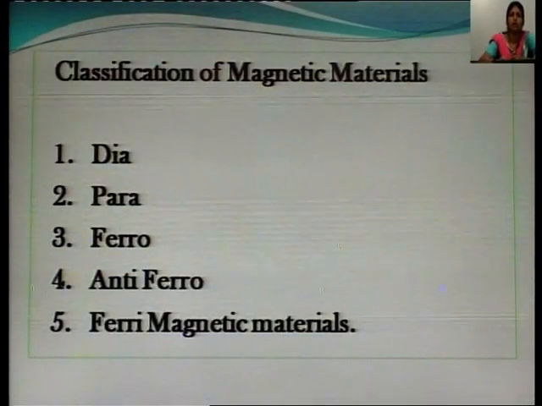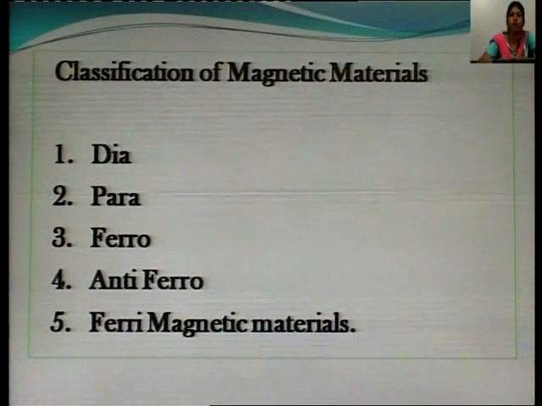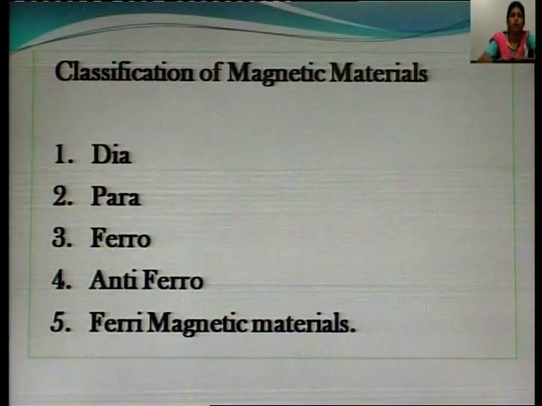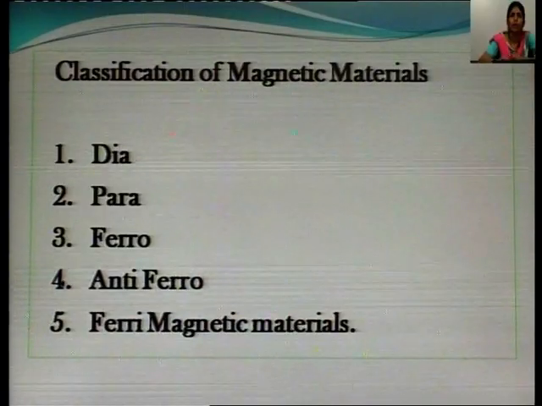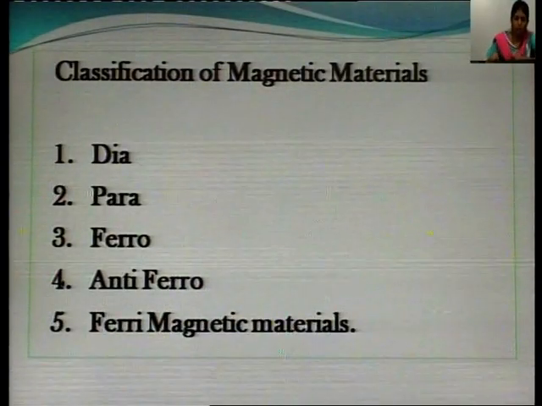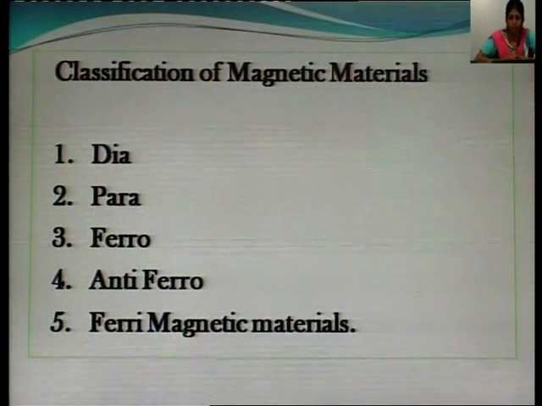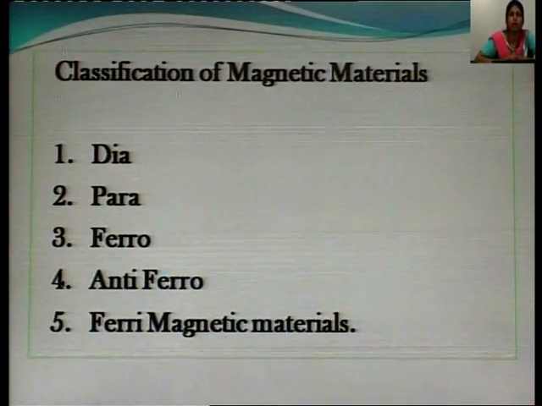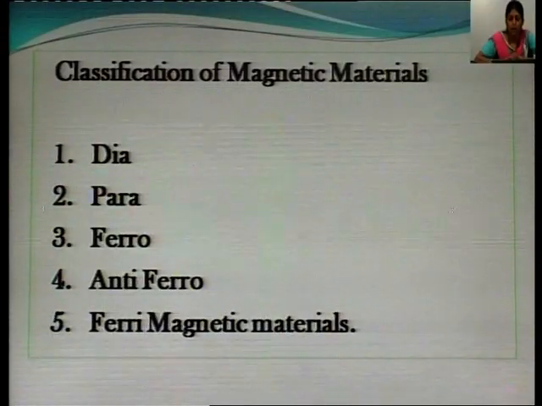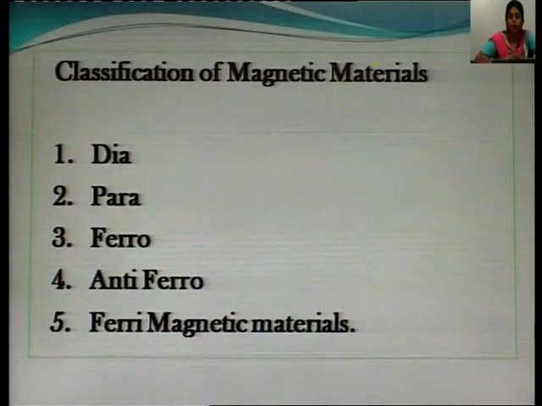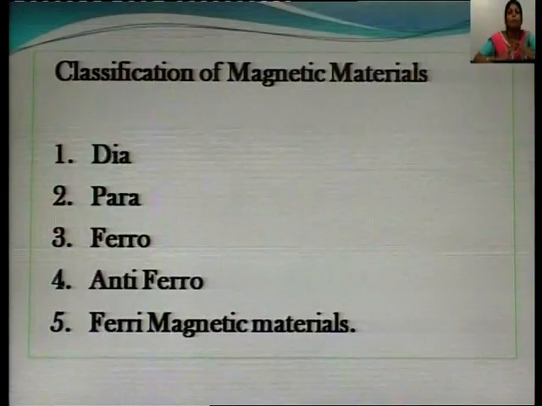So let us discuss the classification of magnetic material. Magnetic materials basically are of 2 types. First is magnetic materials and second is non-magnetic material. Magnetic materials are those which are attracted by a magnet.